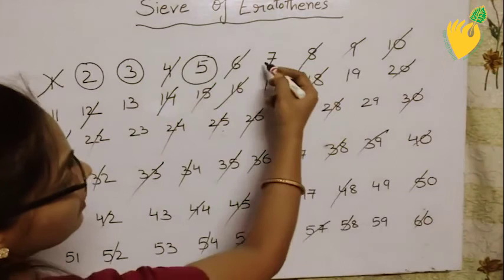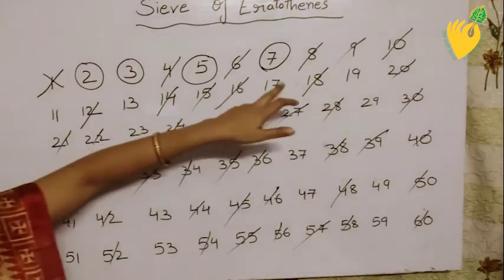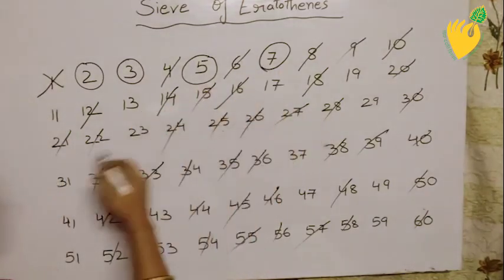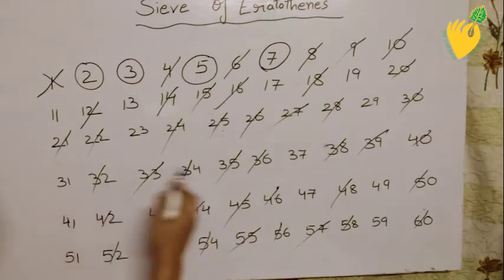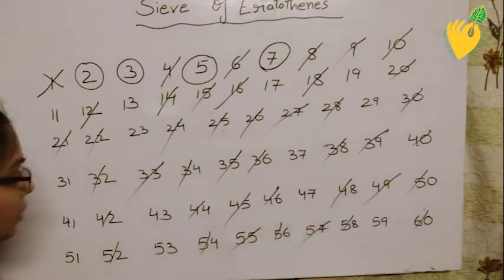What is left, students, here? 7. Now encircle the 7 and cross out the multiples of 7. 7 twos are 14, 21, 28, 7 fives are 35, 7 sixes are 42, 49.